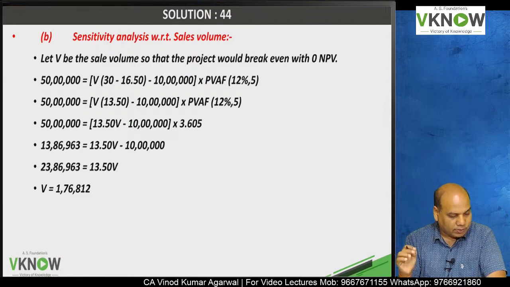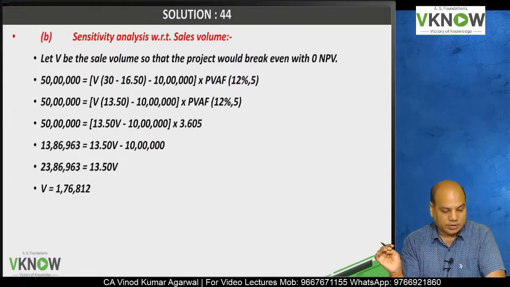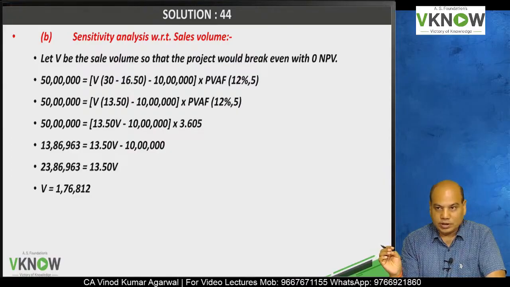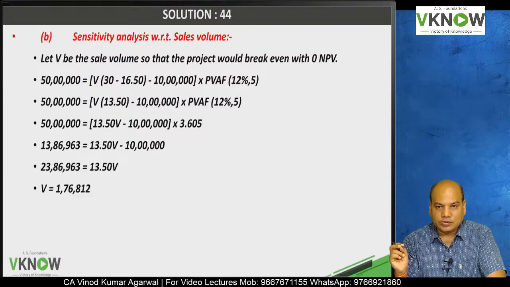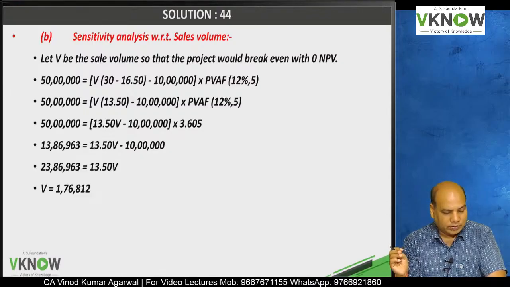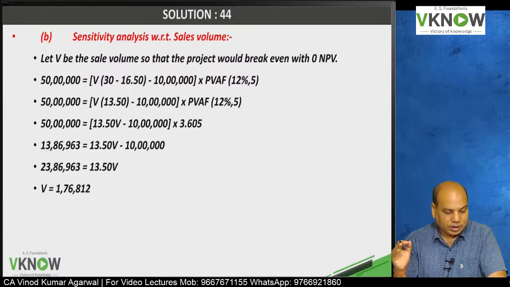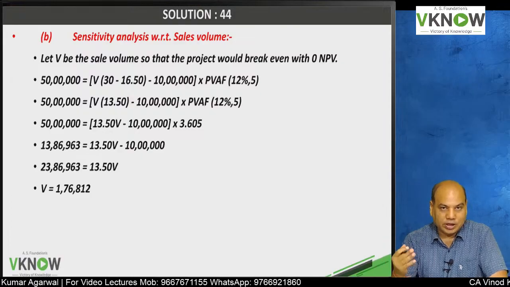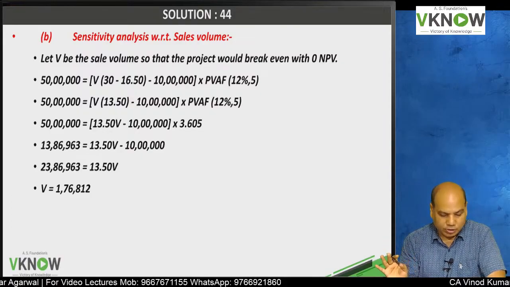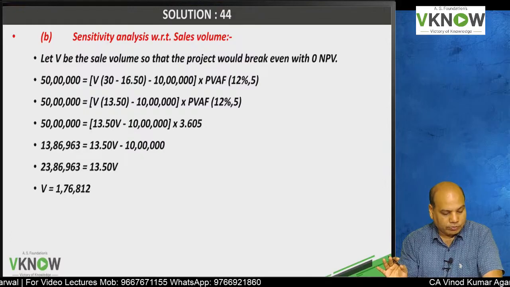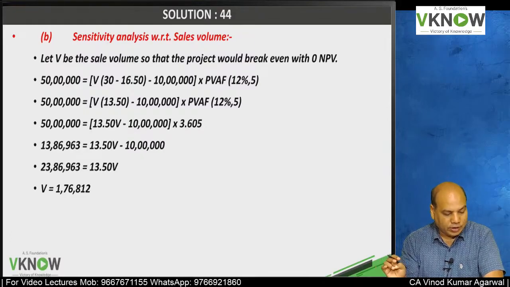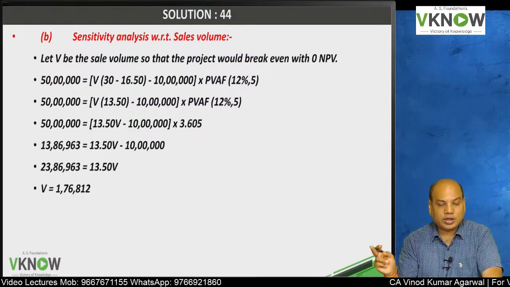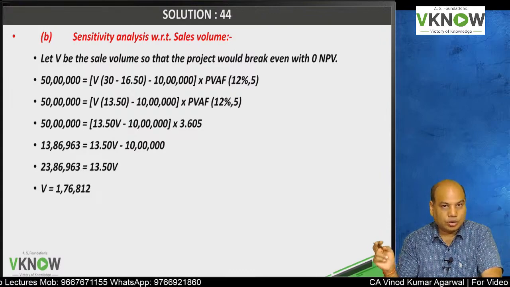In some note above it was written, the acceptable level of risk is 20%. That means if there is a less than 20% chance that NPV will be negative, then we'll accept it. But if there is a more than 20% probability that NPV can be negative, we will not accept the project. So we will compute NPV in poor economic condition, normal and good.